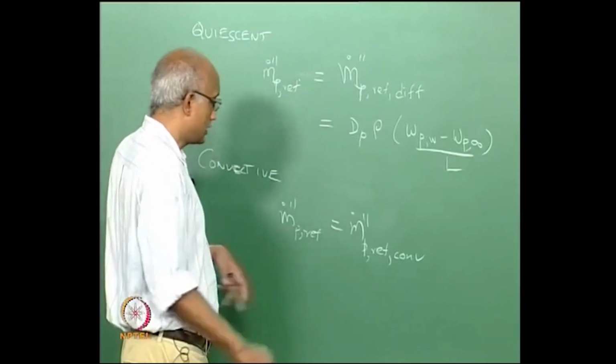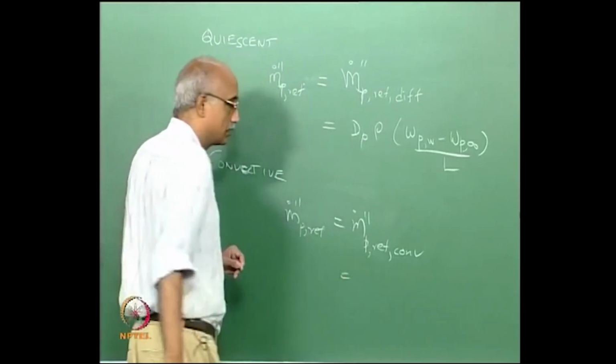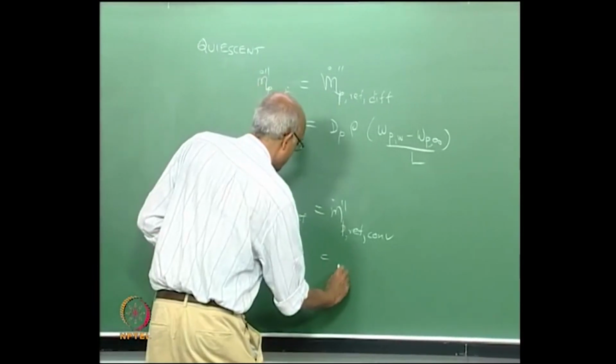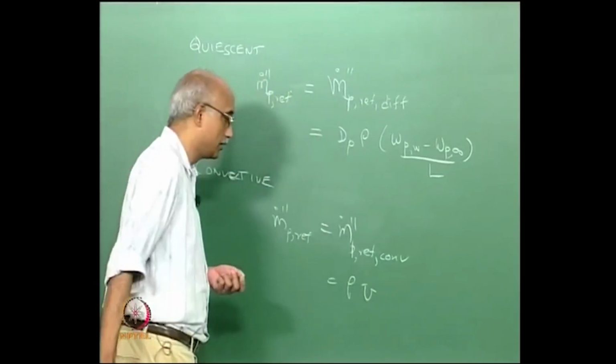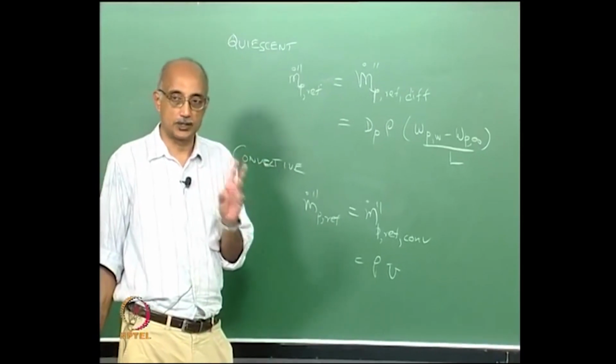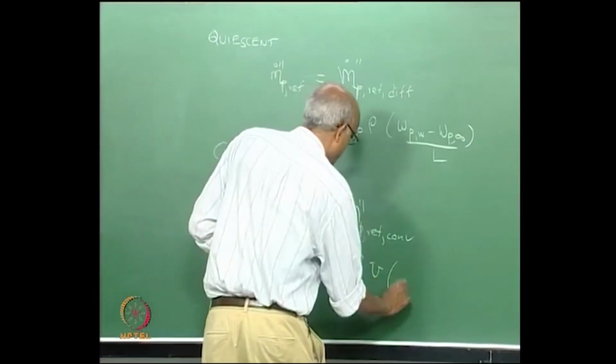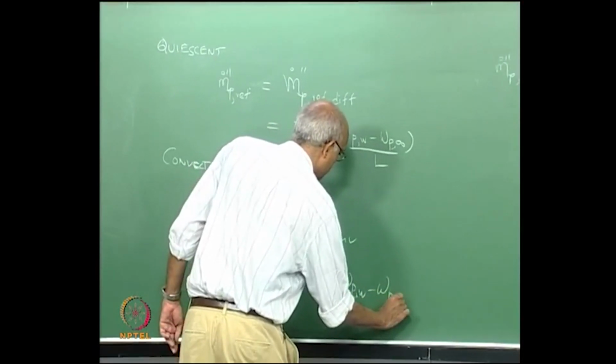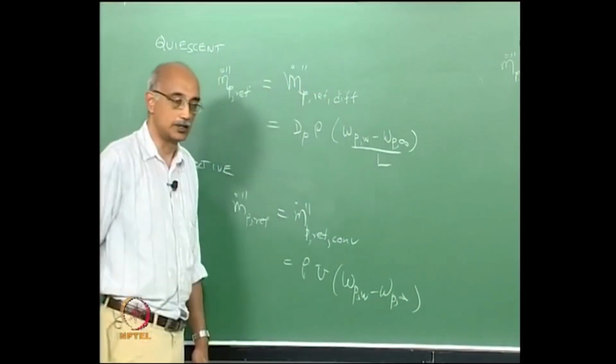For the convective case, actually the reference value is much easier to think about. It's basically rho times U, which is the convective flux of the fluid, multiplied by omega_p at the wall minus omega_p at infinity.